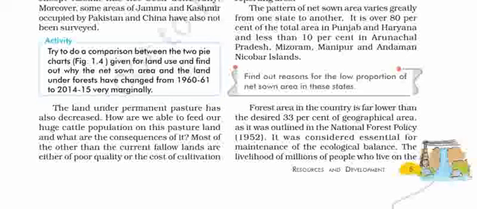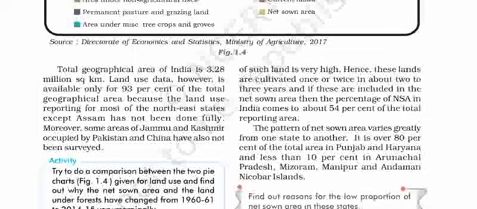Most of the other than the current fallow lands are either of poor quality or the cost of cultivation of such land is very high. Hence, these lands are cultivated once or twice in about 2 or 3 years, and if these are included in the net sown area, then the percentage of NSA in India comes to about 54% of the total reporting area.